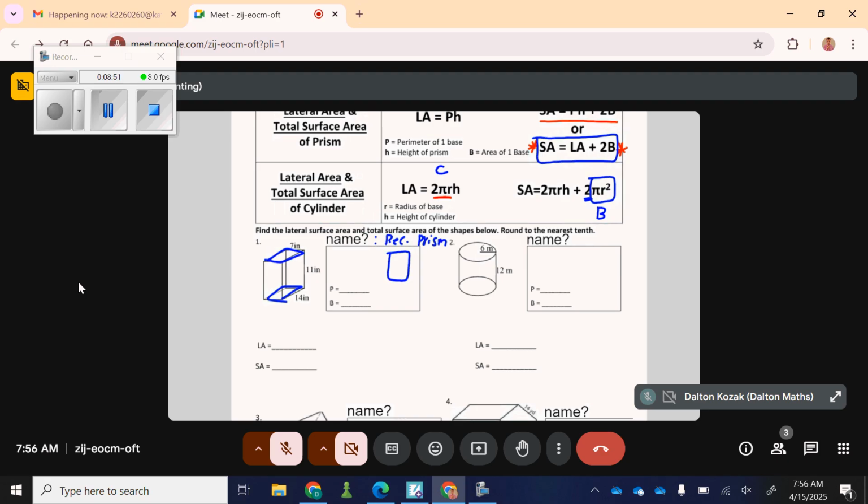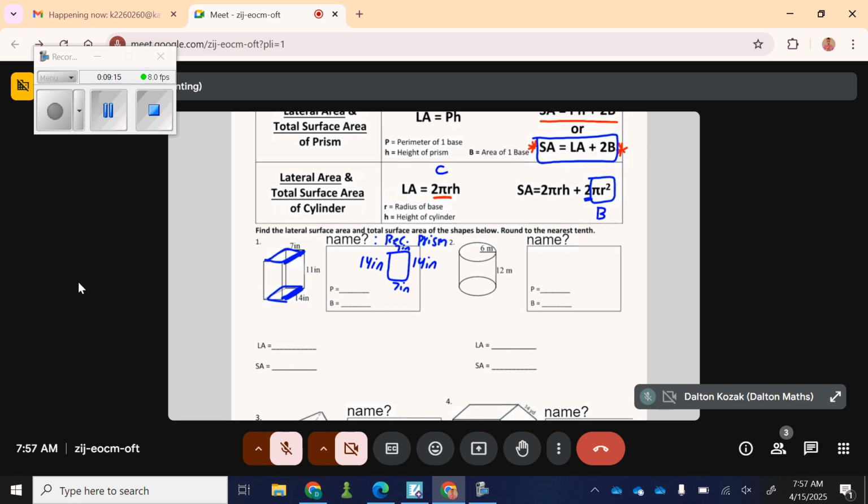It tells us this side is 7 inches. And if you note, this side here, same as this side here, is 14 inches. So the perimeter is just 14 plus 14 plus 7 plus 7.